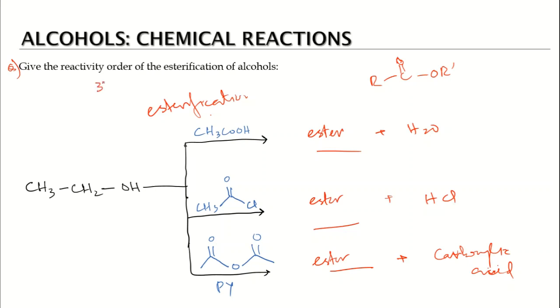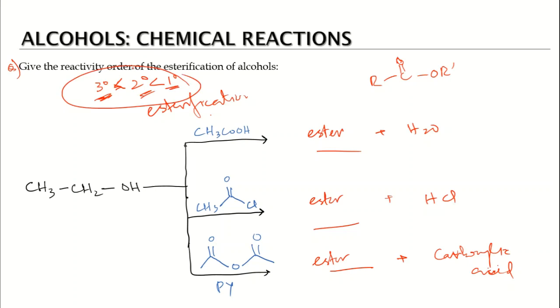Tertiary alcohols are more easily esterified than the 2 degree, and 2 degree are more easily esterified than the primary. So the 3 degree alcohols undergo esterification reactions easily as compared to the 2 degree and the primary alcohols. Sometimes we are asked this question.